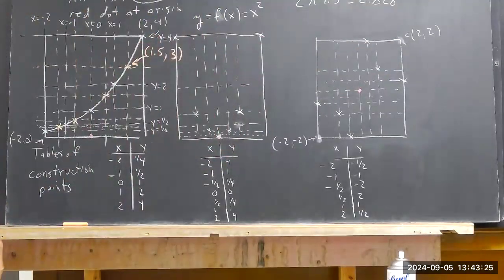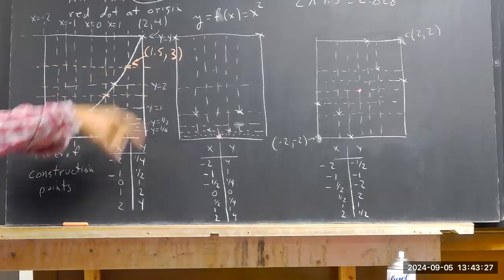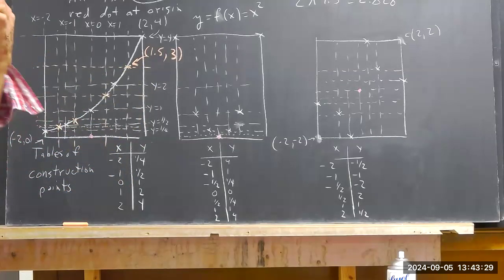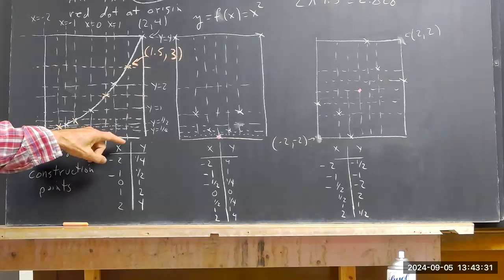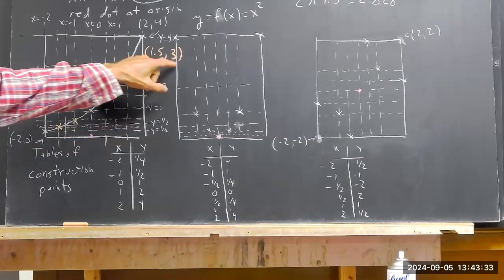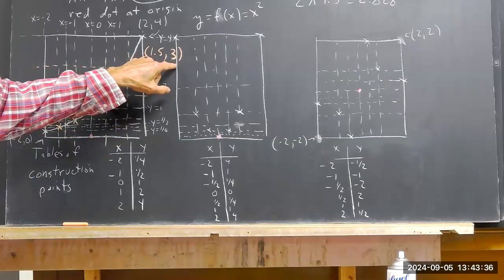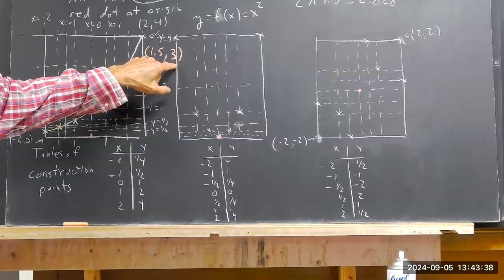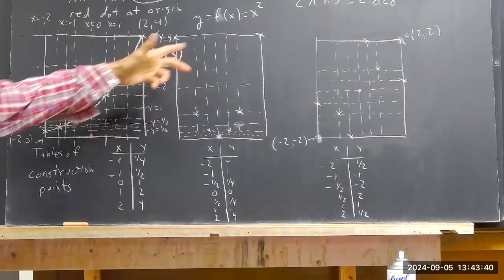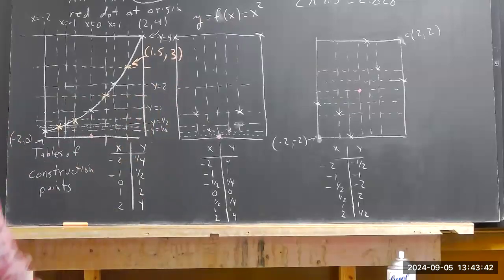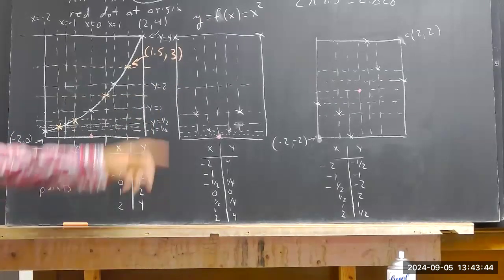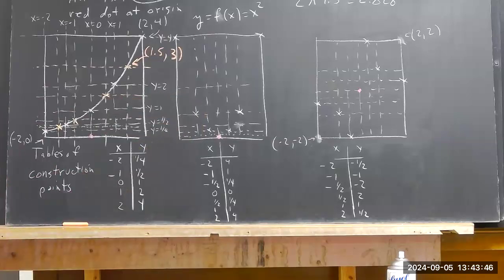Now, what you're saying is that according to this graph, you estimate that it should be 3. Okay. So 2.828 is very darn close to 3, isn't it? So 1.5, 3 is probably a pretty good estimate.